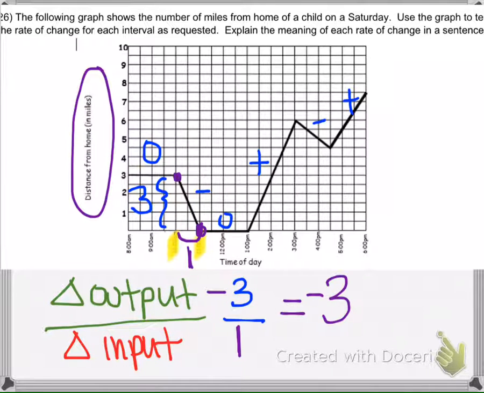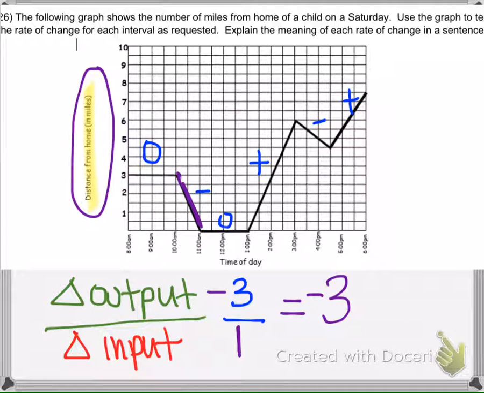If we look here, the distance from home was 3. So the child is getting closer to home. Again, that's what the negative represents. We wouldn't say the child is moving -3. The negative represents that it's going closer to home.